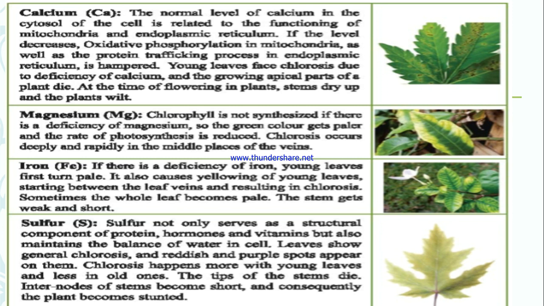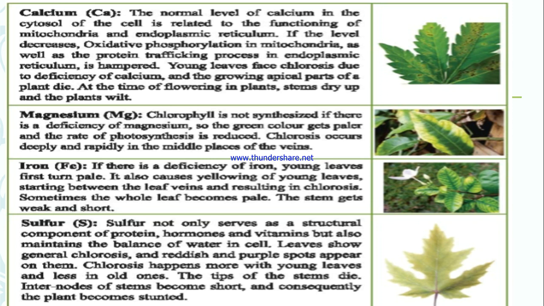And magnesium, in case of magnesium we can say, chlorophyll is not synthesized if there is any deficiency of magnesium. So the green color will gradually become pale, and the rate of photosynthesis will also be reduced.